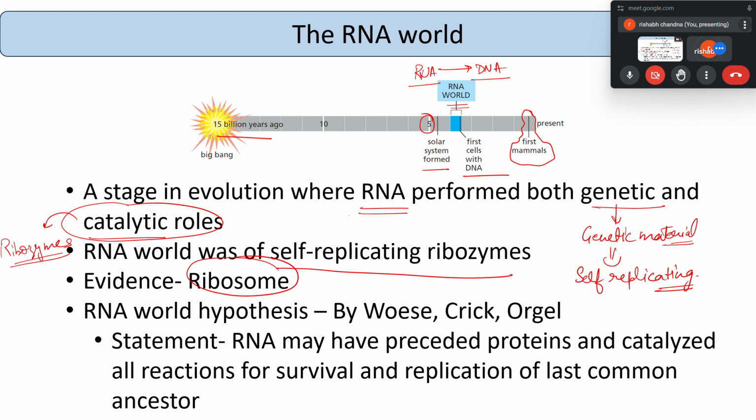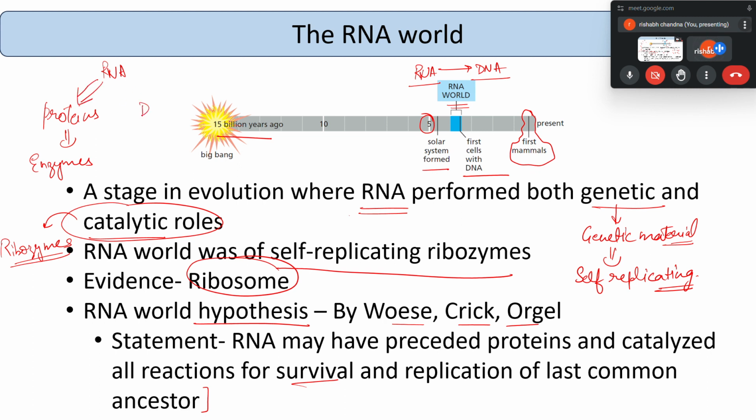Now coming back to the RNA world hypothesis, given by Woese, Crick and Orgel, which states that RNA may have preceded proteins and catalyzed all reactions for survival and replication of the last common ancestor. So before the origin of proteins as the enzyme molecules, there was RNA that performed the function of the proteins.